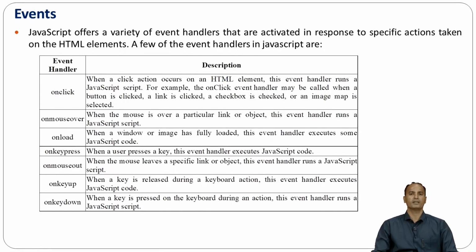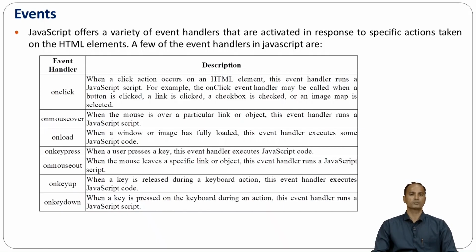A few of the event handlers in JavaScript are like onClick. So when a click action occurs on an HTML element, this event handler runs a JavaScript. For example, onClick event handler may be called when a button is clicked, link is clicked, checkbox is checked, or an image map is selected.